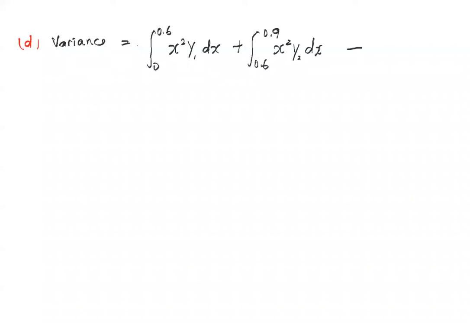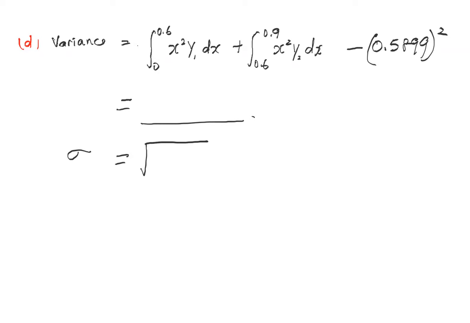Take away the mean square. Okay, key into the calculator and get the answer. So the standard deviation will be square root of whatever you get there, then you get the answer. So it's a very relaxing test because the calculator handles the difficult part of it.